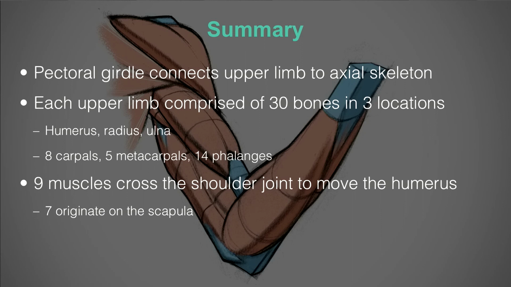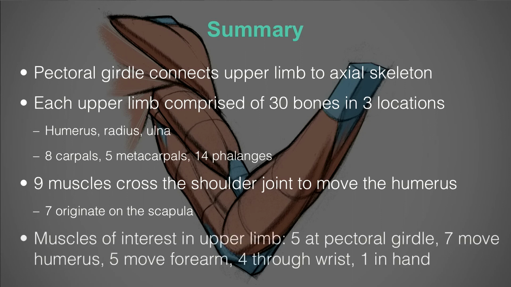There are 9 muscles that cross the shoulder joint. 7 of them arise from the scapula to try to clamp those two together, the scapula and the humerus. 2 of them arose not from the scapula. Latissimus dorsi, pectoralis major. The only 2 that cross the shoulder joint that do not arise from the scapula.